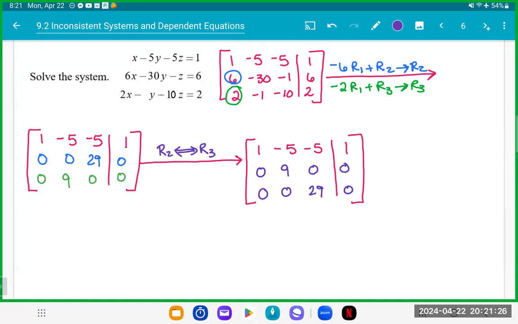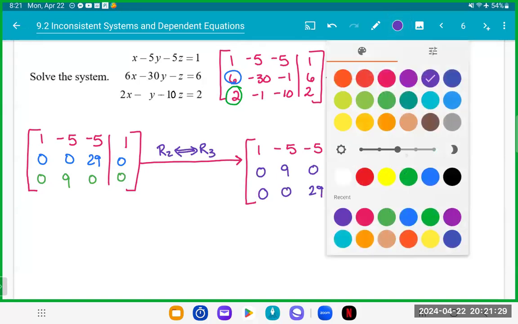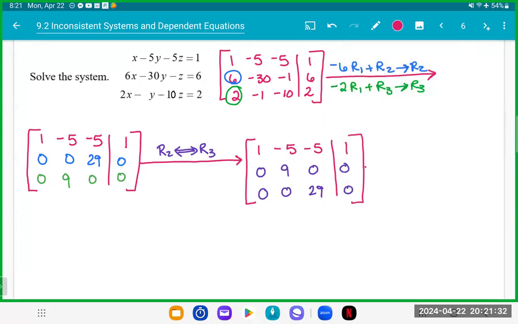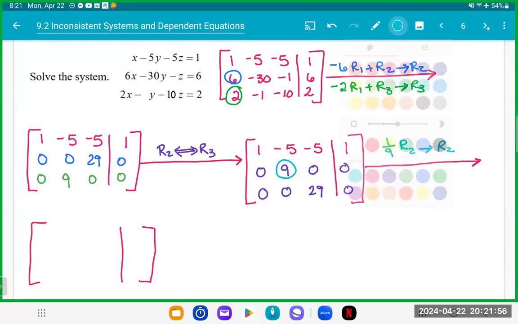And now, in one step, we can get each of those to be ones. So let's make that a 1. That's going to be 1/9 row 2 replaces row 2. And 1/29 row 3 replaces row 3.